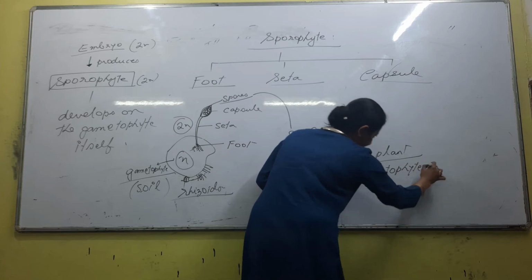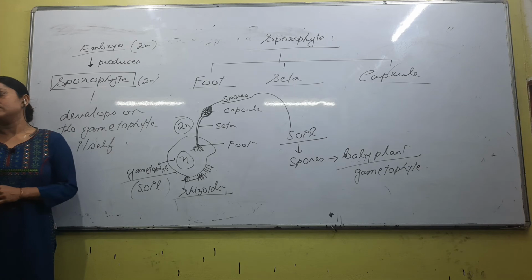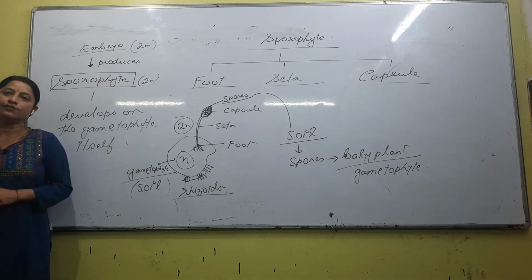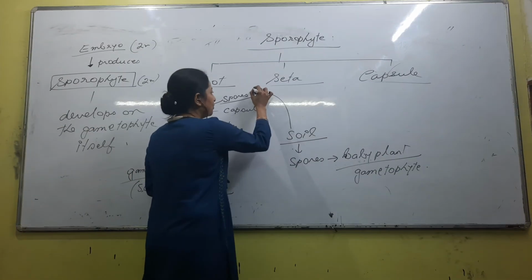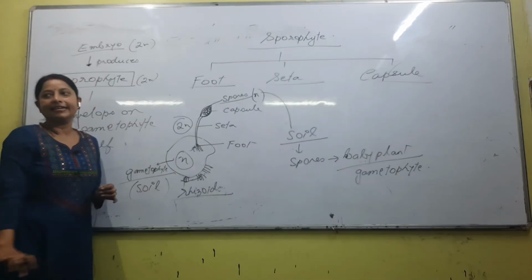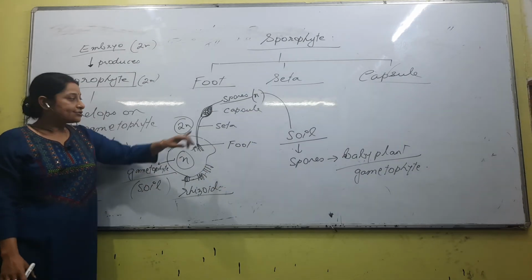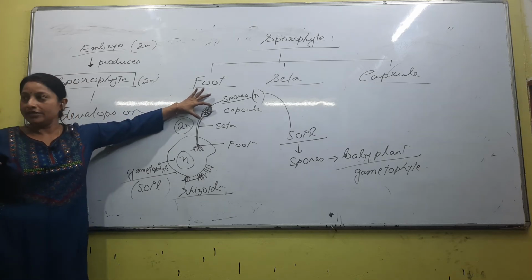Just see whether you understood or not. Take your time. Here the question is, what is the ploidy of a spore? Spores are always haploid. Right? So, spore is haploid. And this structure is what? Diploid. So the original cells of the capsule are diploid.